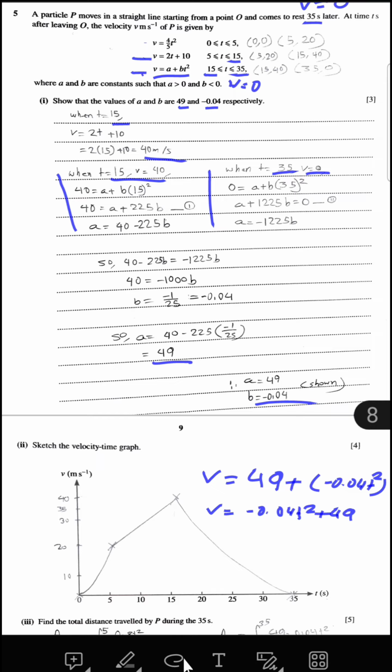Then in part B, or second part, sketch the velocity time graph. So for this velocity time graph, we have to draw it in three different phases: first phase, second phase, and third phase, for three different equations. For the first equation, as we can see, this is a quadratic equation, and since this quadratic equation is positive, we have a minimum point.